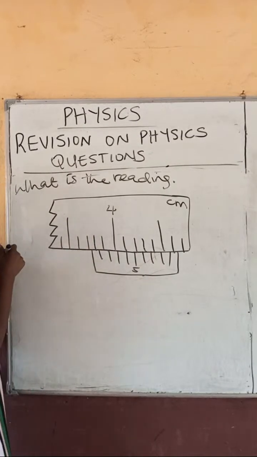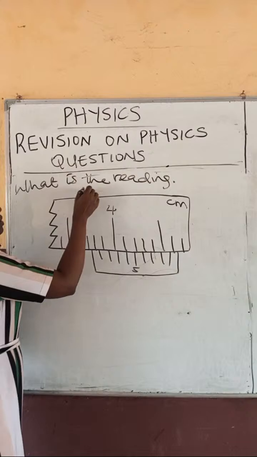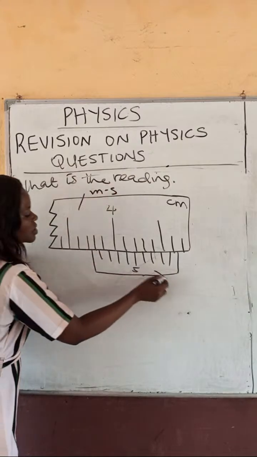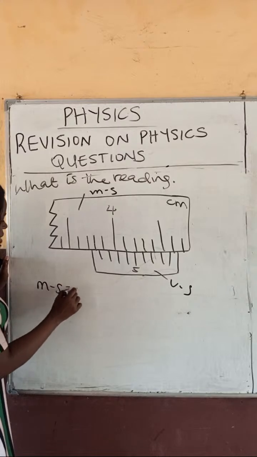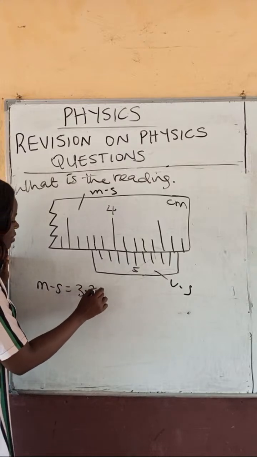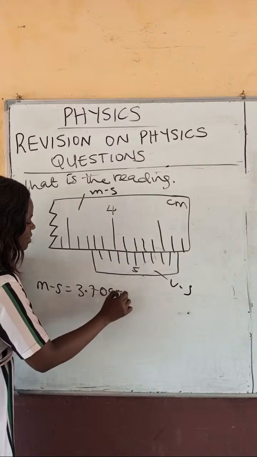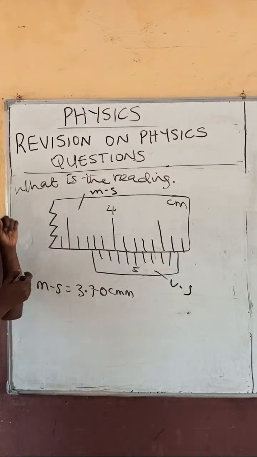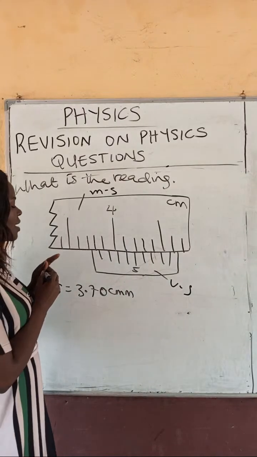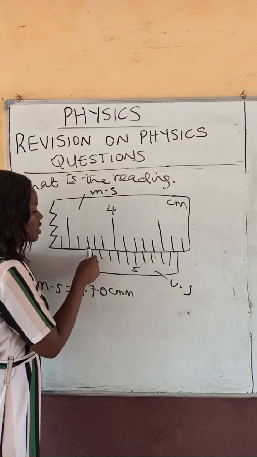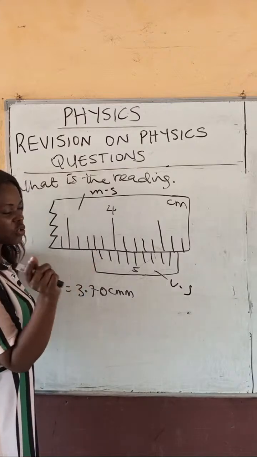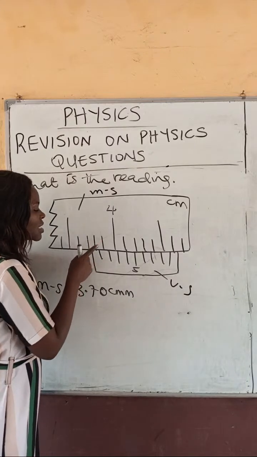That means my main scale is going to be 3.7 centimeter. Is that okay? Now, for the Vernier scale, you're not going to read this first line. You are going to read from this one, because I told you it is the line that connects the main scale and the Vernier scale.